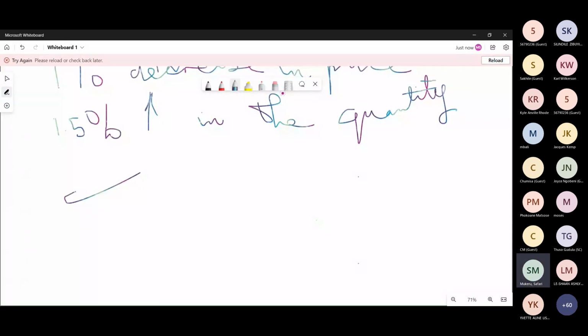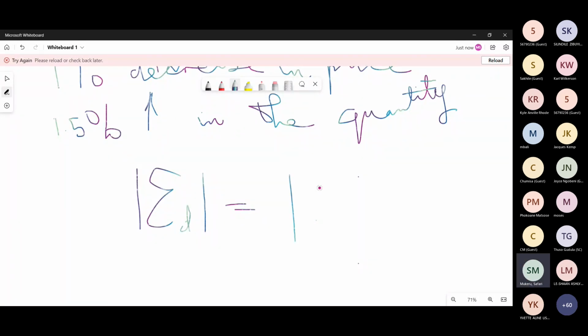Here we take the absolute value of epsilon d, right? We normally want to consider the absolute value. Like here we have the absolute value of negative 1.5. What is the absolute value of negative 1.5? It's simply 1.5, right?